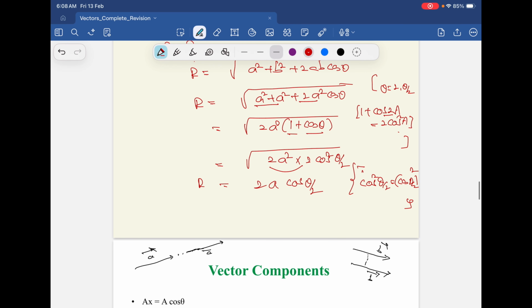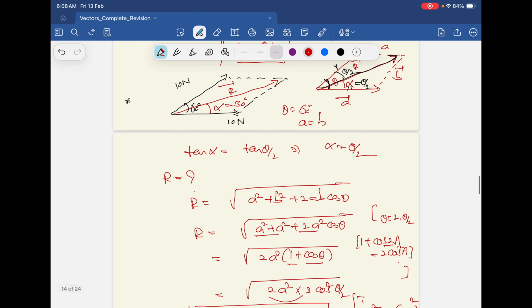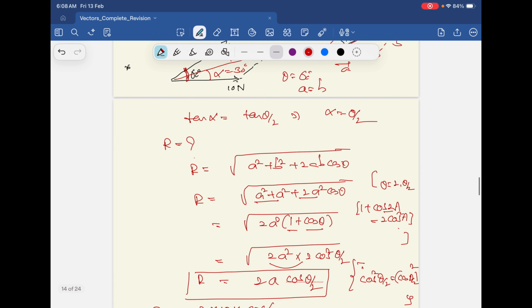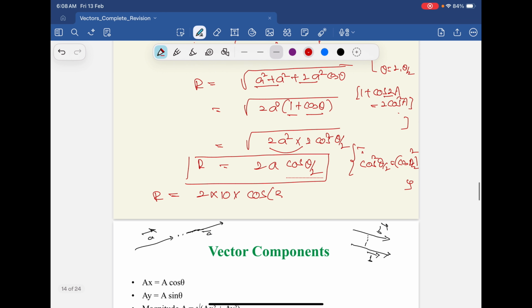So when two vectors are of equal magnitude, the resultant will be 2a cos theta by 2. Now here each magnitude is 10 Newton. So 2 into 10 into cos of the angle. How much angle? 60 degrees, isn't it? How much angle did I give? 60 degrees. So 60 by 2 is 30 degrees. That is equal to 20 into cos 30, which is root 3 by 2. 2 tens are 20, so 10 root 3 Newton.